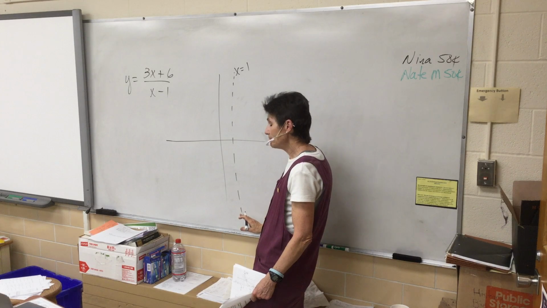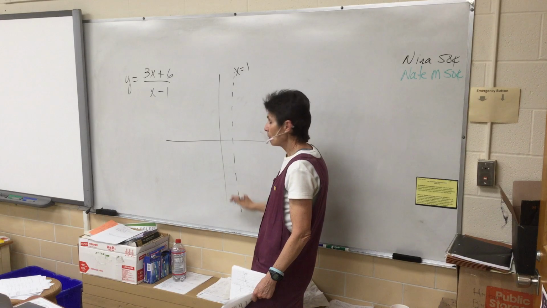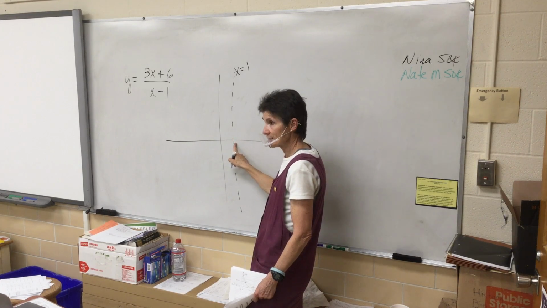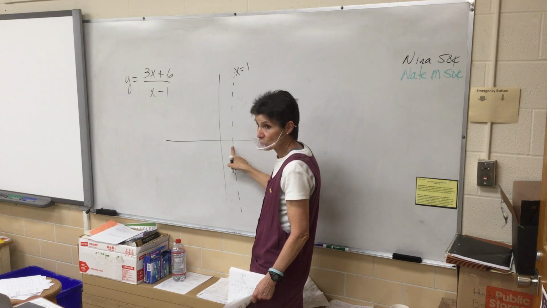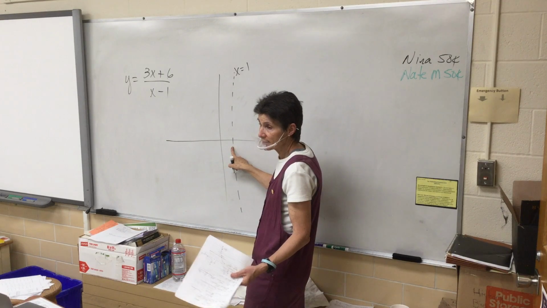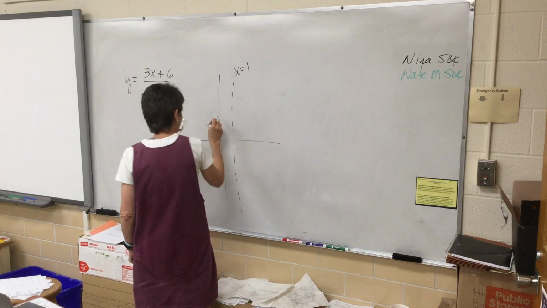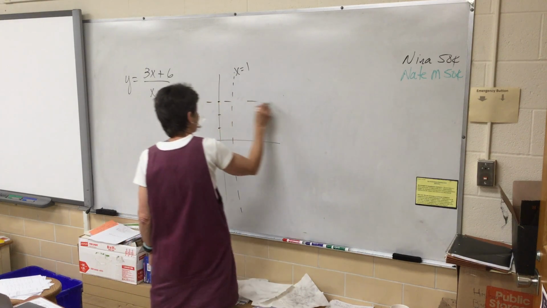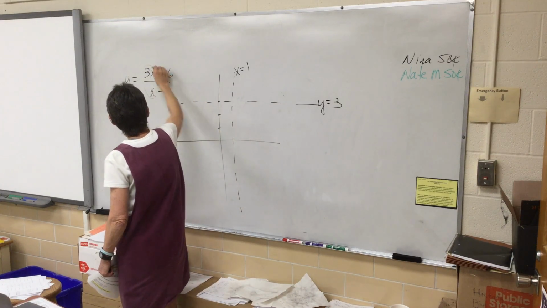If you're ever confused, when you draw the line, whatever axis it crosses, that's the letter it is. And you gotta say x equals 1. You can't say just 1. It's a line. All right, what about the horizontal asymptote? That's a 3. And again, it's y equals 3 because of this right here.